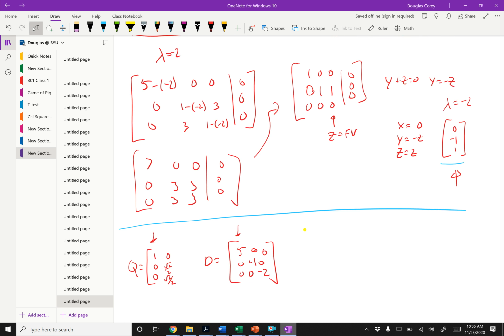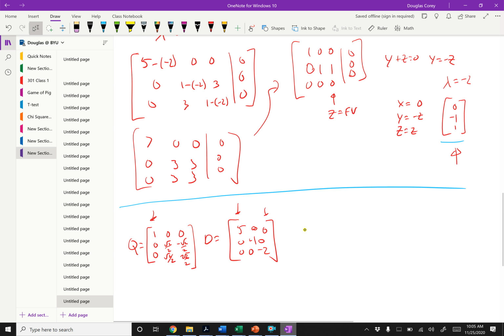And for -2, the third column also has a length of the square root of 2. So divide by the square root of 2, and you get 0, negative square root of 2 over 2, square root of 2 over 2. So there's Q and D, so that means A equals Q D Q transpose.